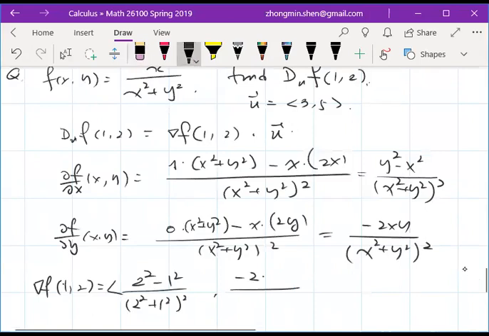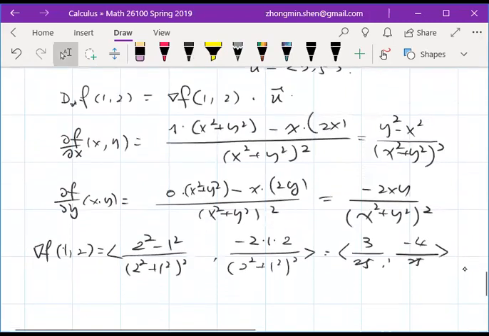Another one is negative 2 times, when x is 1 and y is 2, it's 1 squared plus 2 squared, doesn't matter. So here it's going to be 3 over 25, and this is negative 4 over 25.